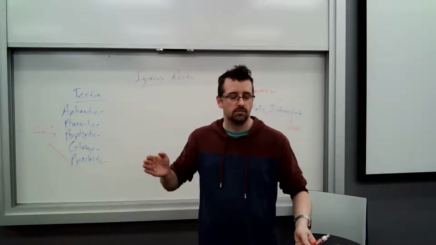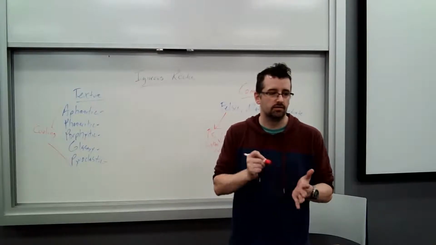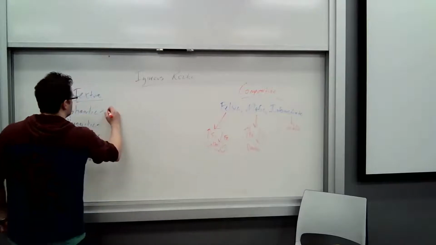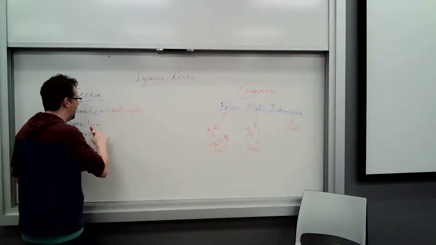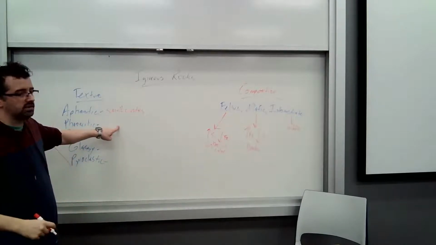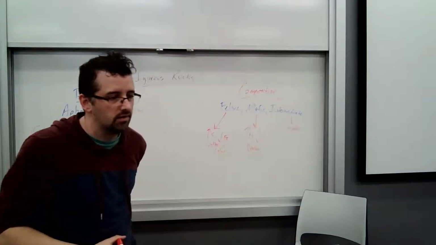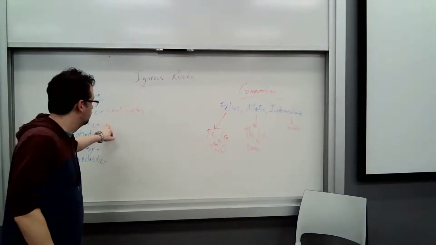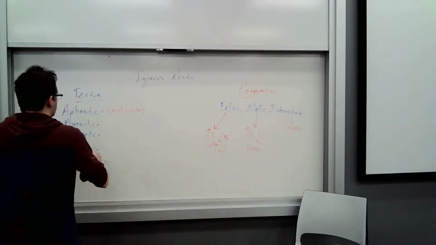An aphanitic rock has small crystals, that's right. While the Phaneritic rock, they are inverse, has visible crystals.